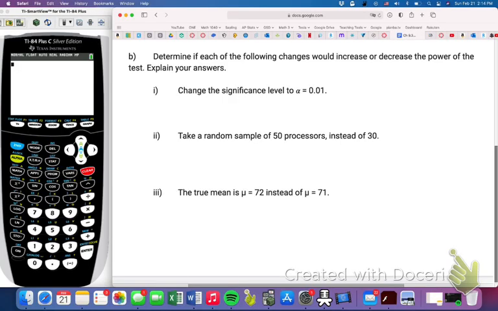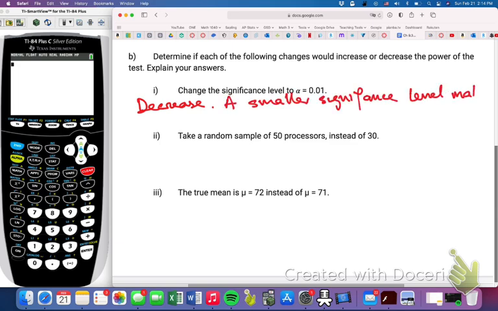All right, part B: determine if each of the following changes would increase or decrease the power of the test. Explain your answers. Part 1, when you change the significance level from 0.05 to 0.01, what's going to happen to the power? It's going to decrease. Why is the power decreasing? Because a smaller significance level makes it harder to reject H naught.